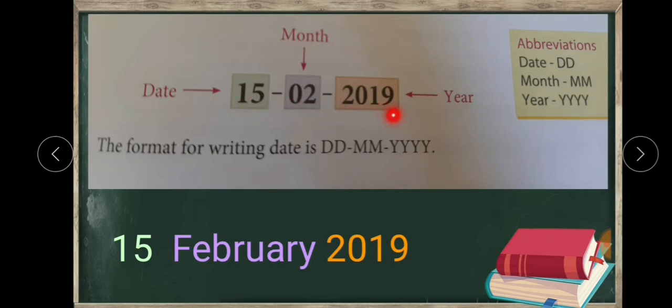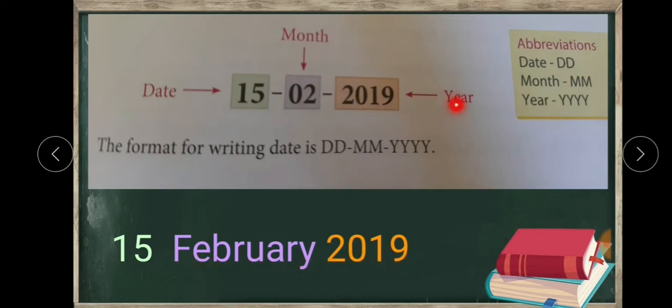That means 15 is the date, and 2 is the second month of the year. Which is the second month of the year? Yes, February is the second month of the year. So instead of 2 we can write February and the year 2019. So this format represents the date 15th February 2019.